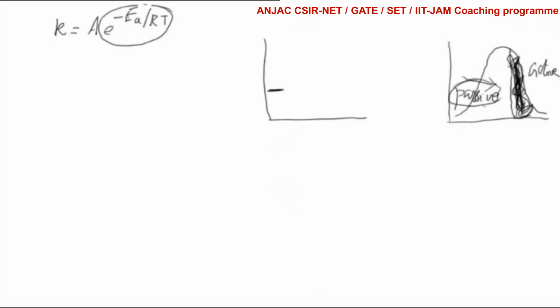This is the average energy of the molecule A, and this is the maximum energy required for the molecule to undergo the reaction. We call it the threshold energy, the minimum energy required to carry out the reaction.